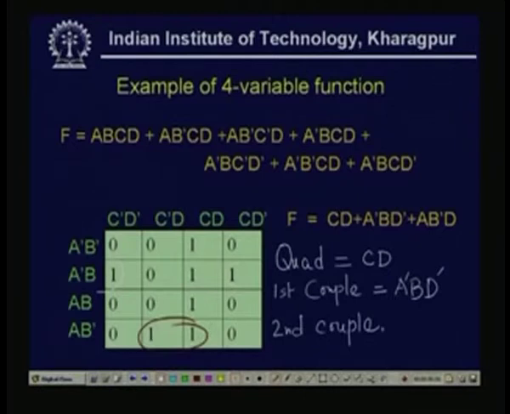For the second couple, that row is A B bar, that will be there, because both the adjacent ones exist in the same row, and for the two adjacent columns, see that C and C bar varies, that means they will cancel and it will be D. So, these are the C D, A bar B D bar, A B bar D. So, now, see this is my reduced function, that f equal to C D plus A bar B D bar plus A B bar D. So, this is my reduced function.